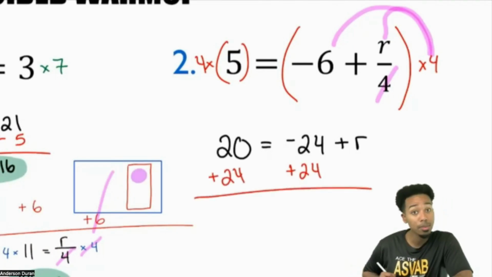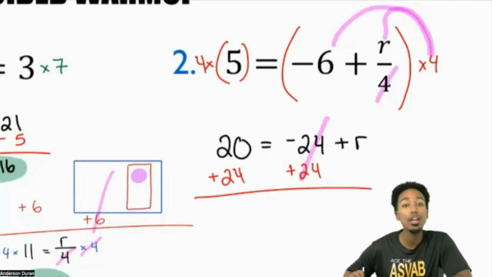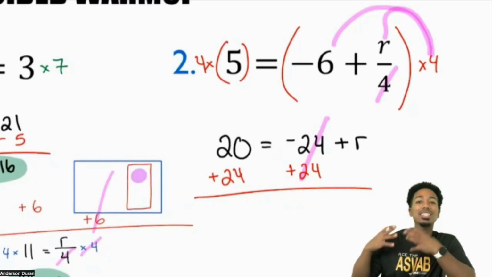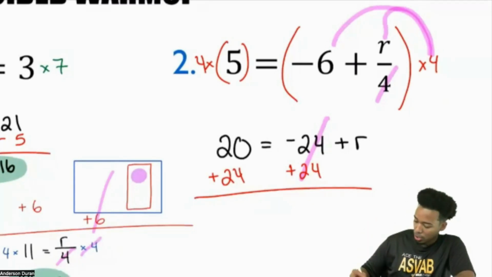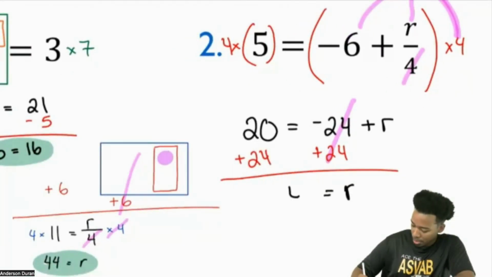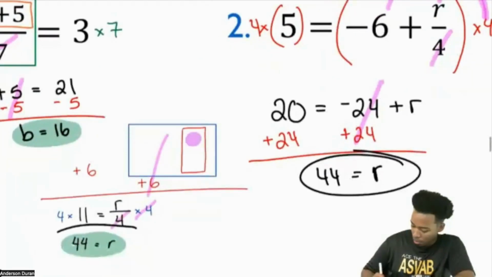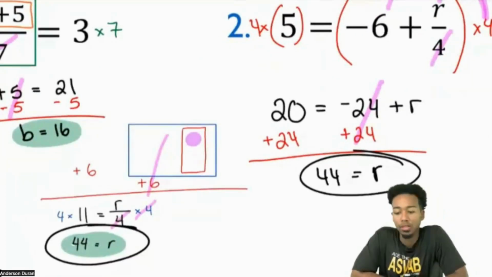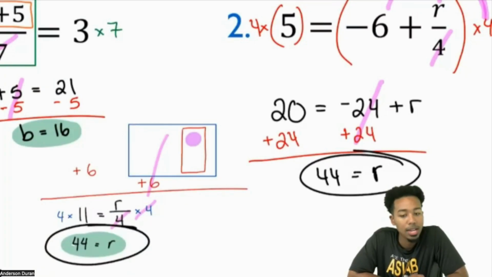And notice how it's coming to fruition here. Whatever you do to one side, you do to the other side. You're multiplying the entire side by 4. And so with that said, you get R equals 44, which is the exact same as the correct answer. So we gotta be very careful there, okay? Whatever you do to one side, you do to the other.